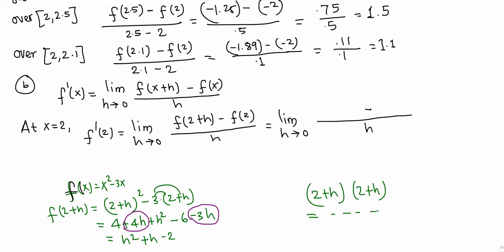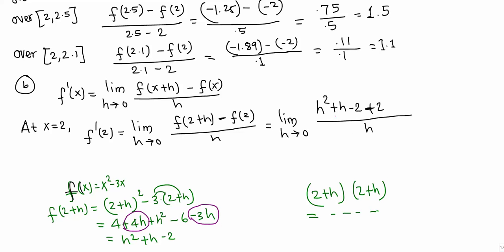So f(2 plus h), that's a lot of algebra, is h squared plus h minus 2. And minus f(2): plug in 2, 2 squared minus 3 times 2, that's 4 minus 6, negative 2, minus negative 2, the same as plus 2.